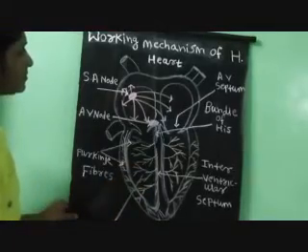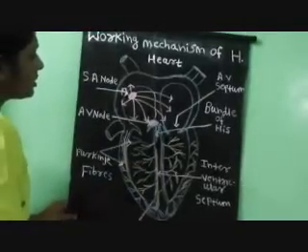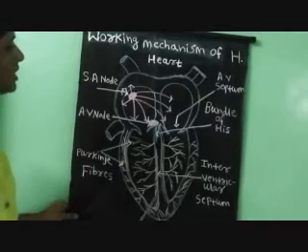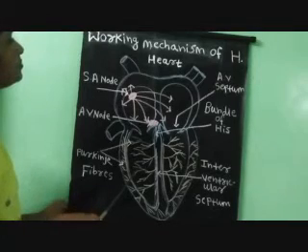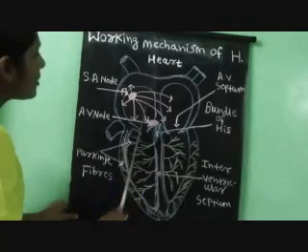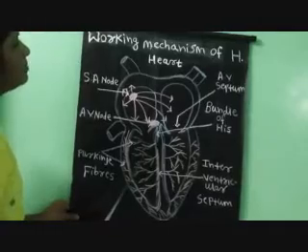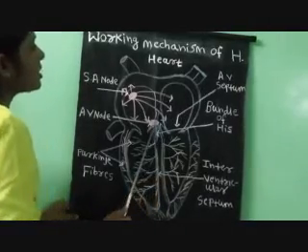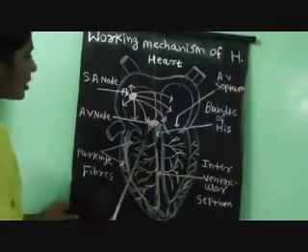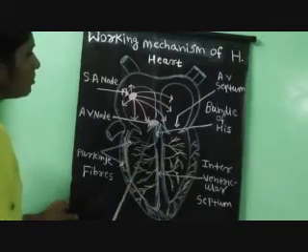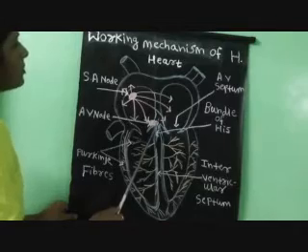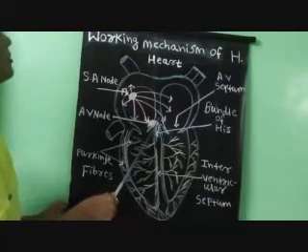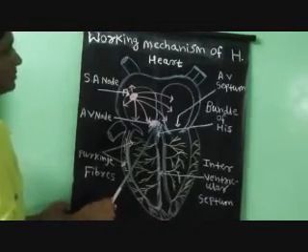After that, ventricle suddenly undergoes diastolic condition. At that time, backflow of blood from pulmonary artery and systemic aorta toward both the ventricles is prevented by closing of semilunar valve.